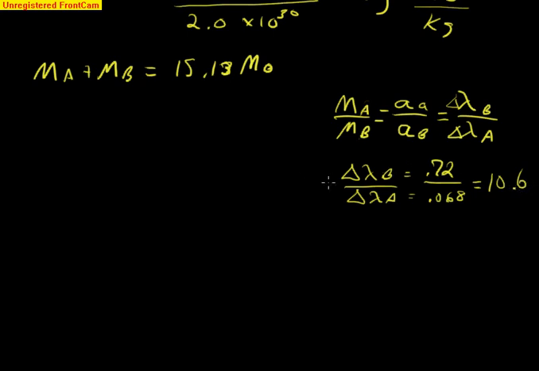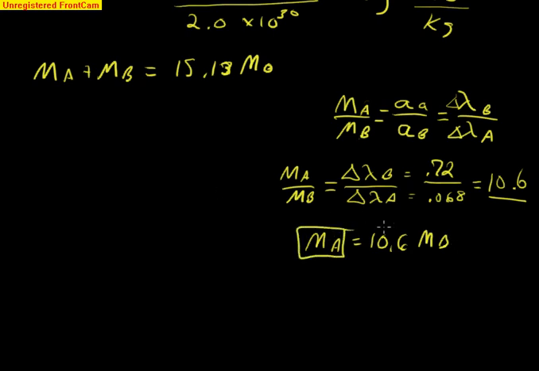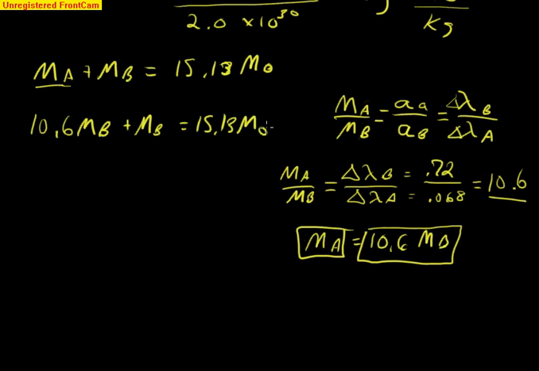So I can relate this to my masses: my mass of A related to my mass of B is equal to 10.6. It's just an inverse relation here. So the mass of star A is going to be 10.6 times larger than the mass of star B. Using this information, I can replace my mass A here with this and add 1 to it. 10.6 times the mass of star B plus 1 mass of star B equals 15.13 solar masses.